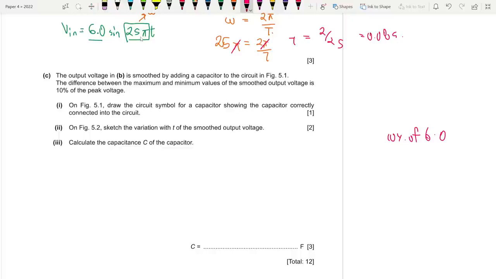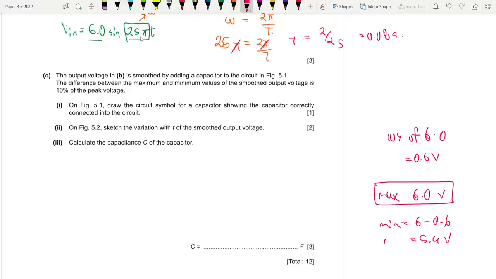How much is that? 10 divided by 100 into 6 is 0.6 volts. So this is the difference between the maximum and minimum. So since the max is 6, what should the minimum be? It should be 6 minus 0.6, which is 5.4 volts. So the maximum is 6 volts and the minimum is 5.4 volts. That is some information we got.